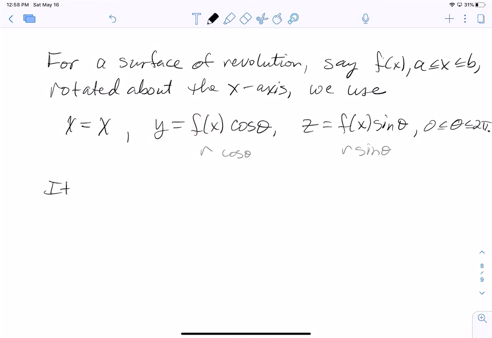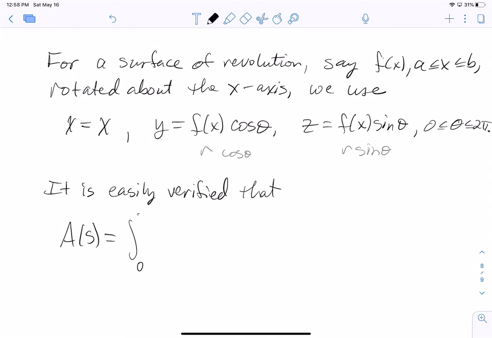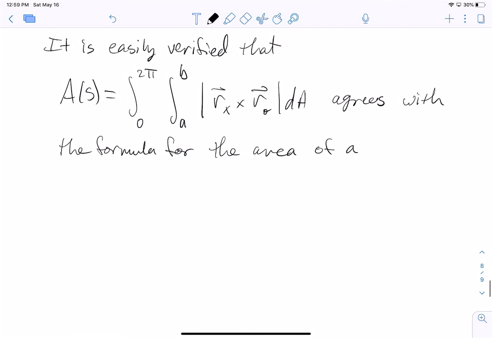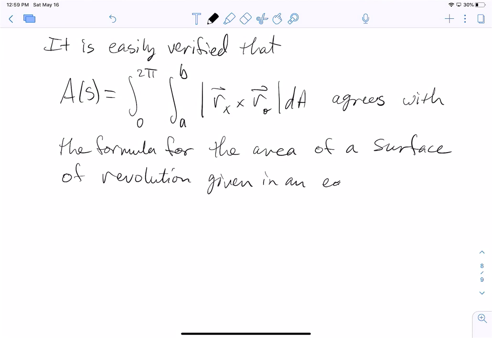It is easily verified that the area of the surface, which in this case would be the integral from 0 to 2 pi of the integral from a to b of the magnitude of r_x cross r_theta dA, agrees with the formula for the area of a surface of revolution given in an earlier chapter.